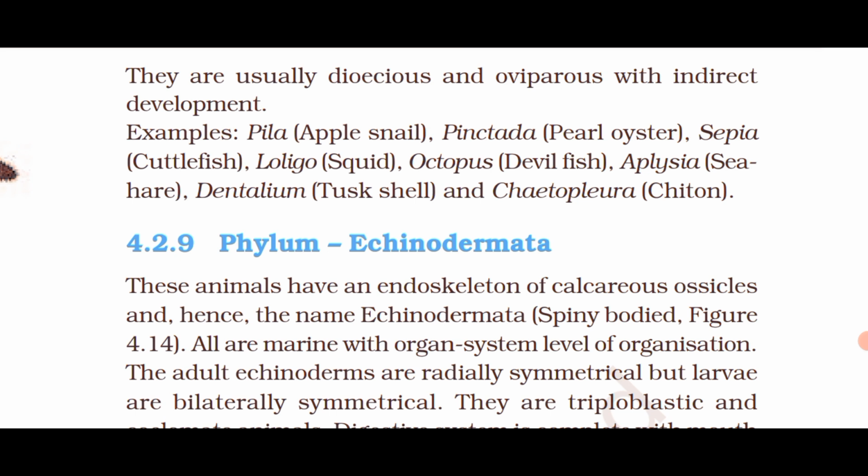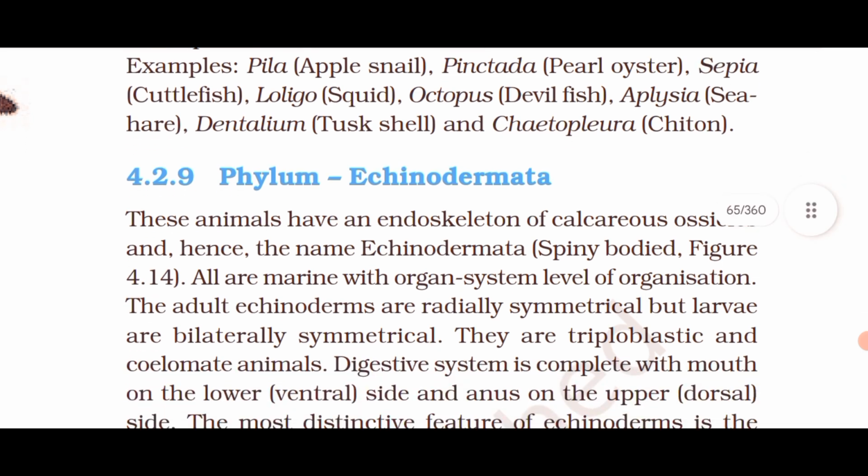Examples: Pila, known as apple snail; Pinctada, known as pearl oyster; Sepia, known as cuttlefish; Loligo, known as squid; Octopus, known as devilfish; Aplysia, known as sea hare; Dentalium, known as tusk shell; and Chaetopleura, known as chiton.